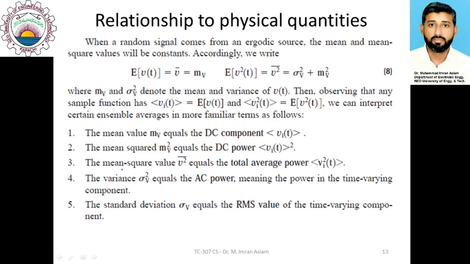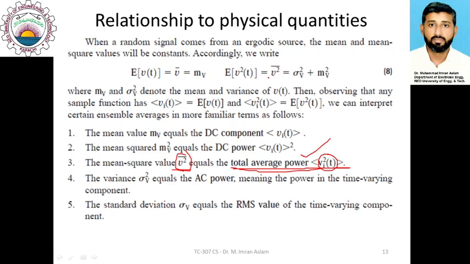Similarly, the mean square value is the average value of V square for the entire signal, so it gives you the total average power. V square represents power, and we are averaging. So this gives you the total average power in the signal.